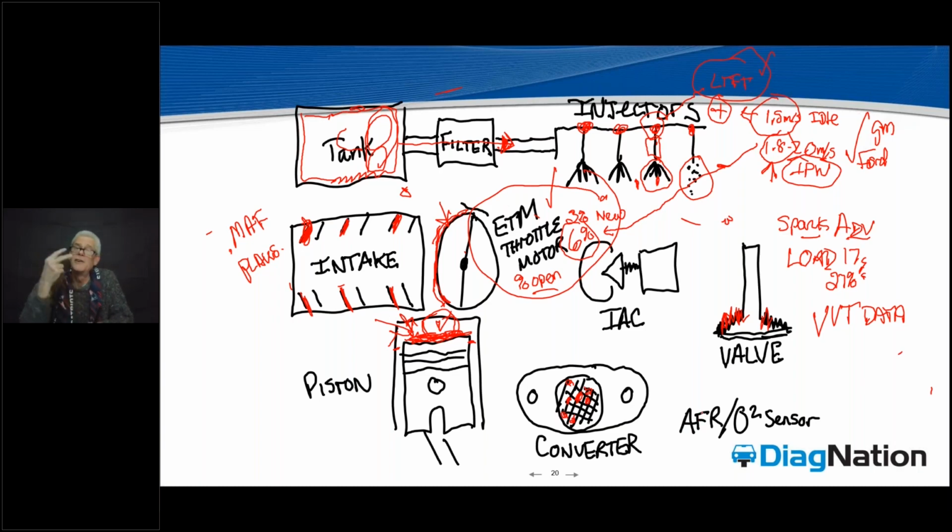Because guys, I'm telling you, when I throw that waveform in step 2, after I've looked at this data, I'm usually finding my problem in 15, 20 minutes or less. No joke. And it's happening over and over and over again with support calls. We're finding these problems after the tech's banged his head up against the wall for a few hours or a few days trying to figure it out. So what we're talking about is the real deal, guys, when it comes to what we're doing here diagnostically.